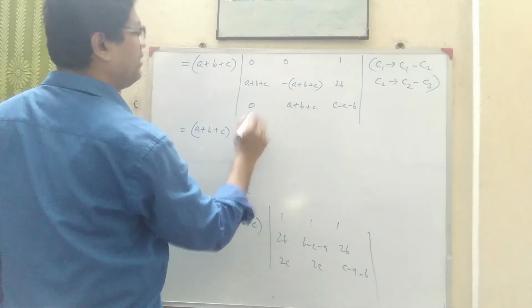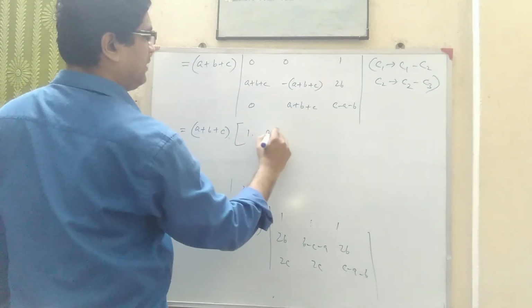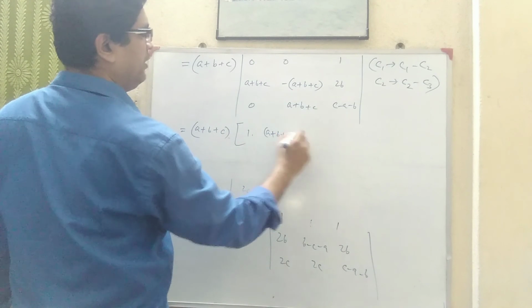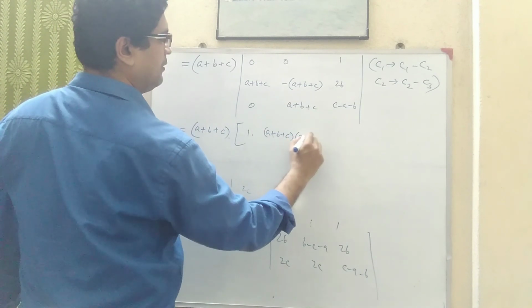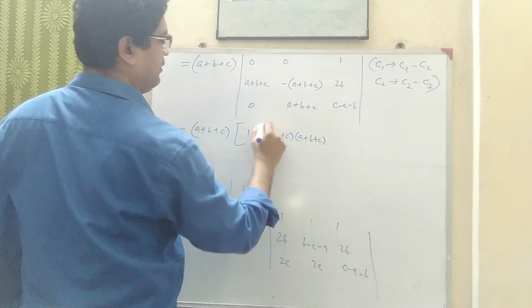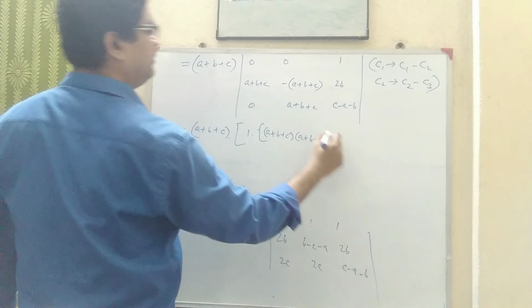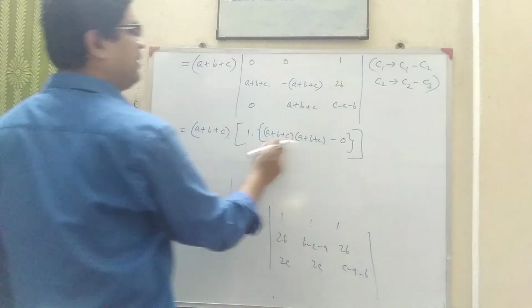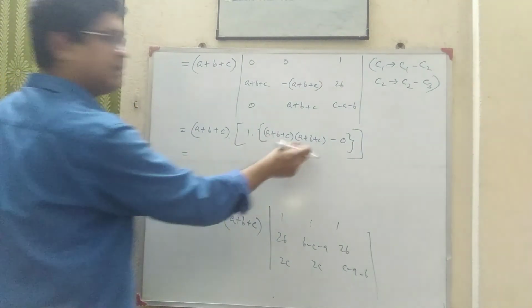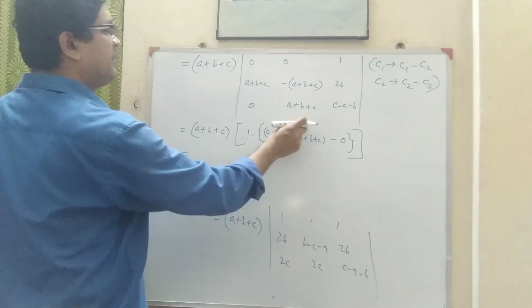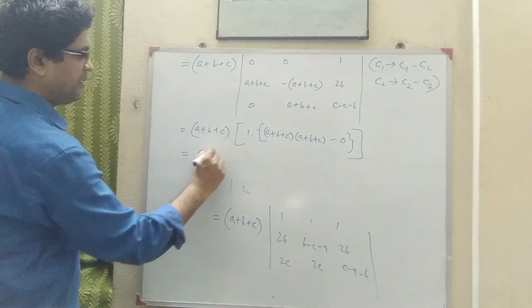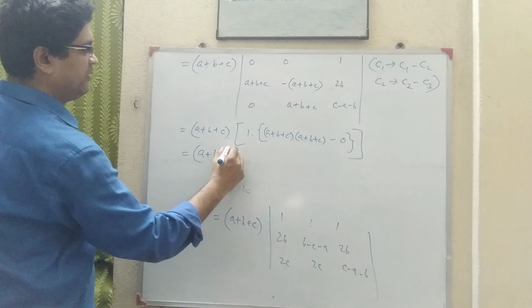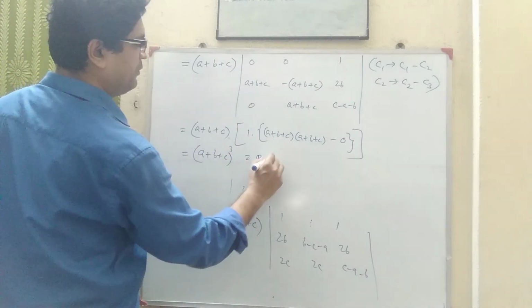So we have 1 into A plus B plus C into A plus B plus C, minus 0 into this, so minus 0. And after simplification, this will become A plus B plus C whole square into 1, so A plus B plus C whole square, and A plus B plus C whole square into A plus B plus C, that means A plus B plus C whole cube, and this was to be proved, so LHS is equal to RHS. Proved.